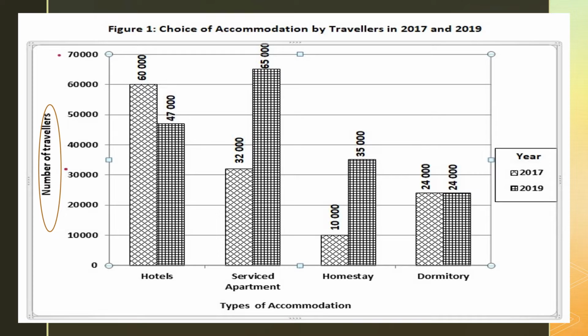This is the subject reference that I mentioned earlier. And you have the types of accommodation. We have hotels, serviced apartment, homestay, and dormitories. Okay, the time frame given is 2017 and 2019.